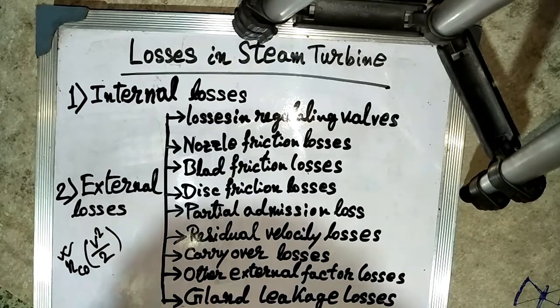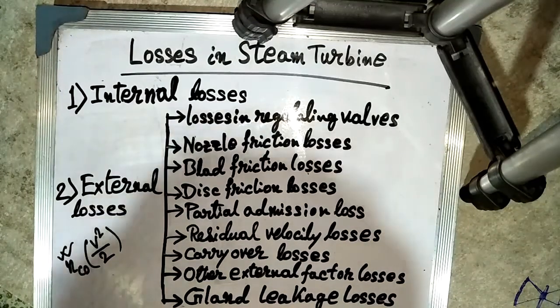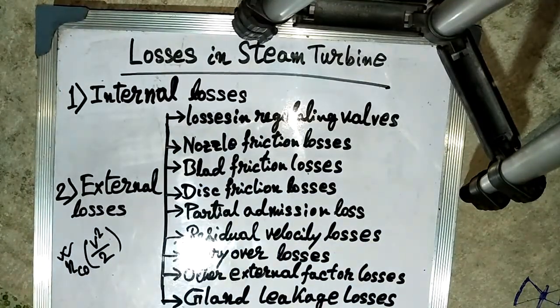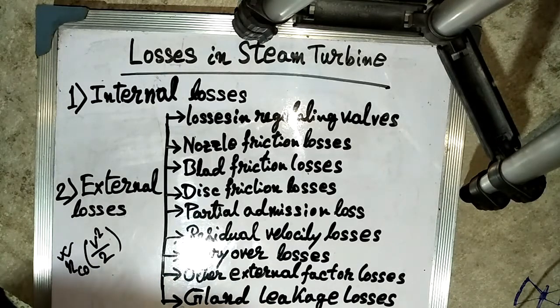Okay. Now the other external friction losses. There are some other energy losses in the bearings and governing mechanism, which can be reduced by improving the lubrication system, and some energy is consumed by oil pumps.